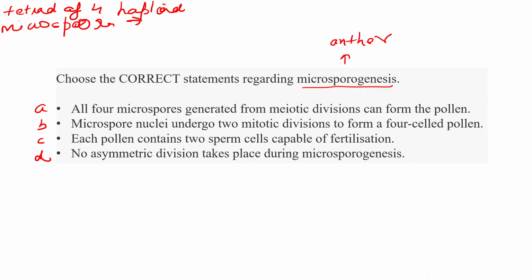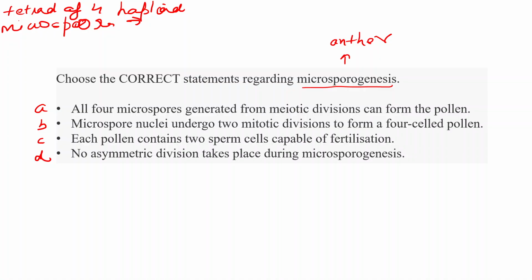Out of the four megaspores produced, three degenerate and only one remains functional, but here all four are functional, and each can develop into a pollen grain. There, only one can undergo further divisions to form the female gametophyte, but here all four microspores are functional, and each can develop to form a pollen grain.